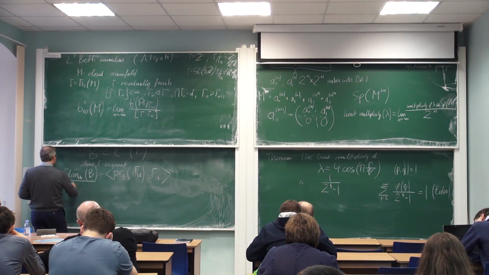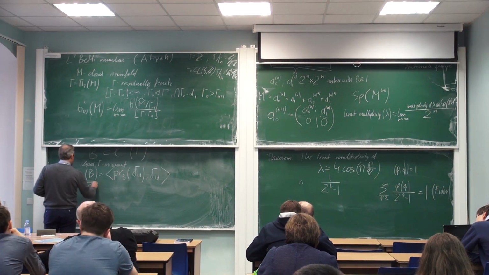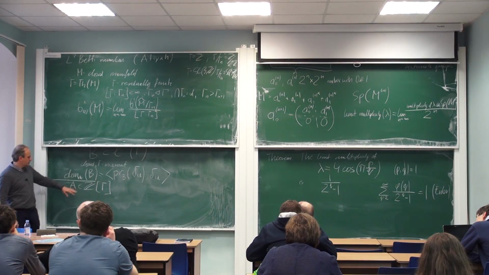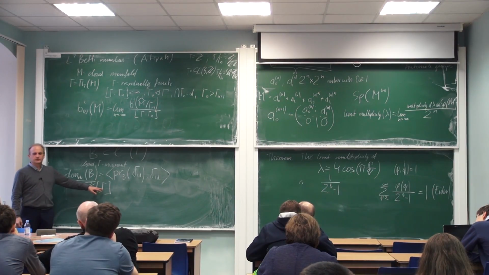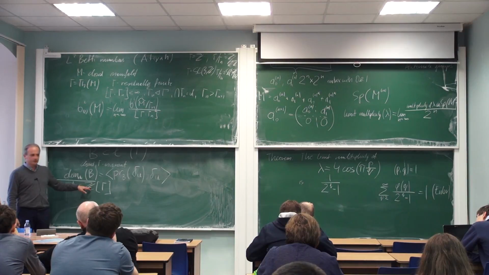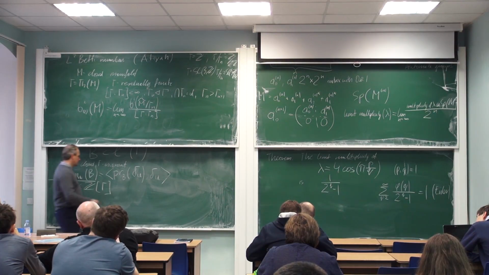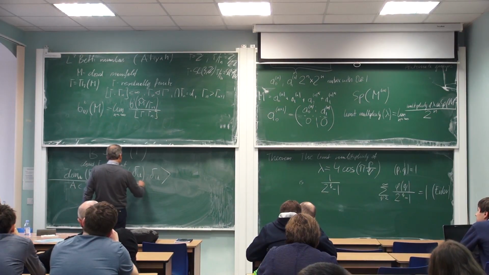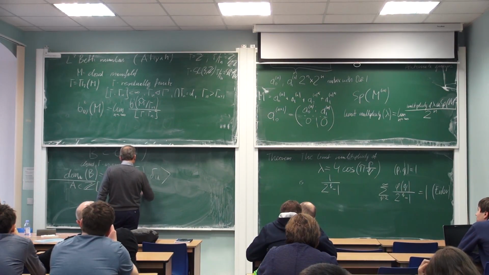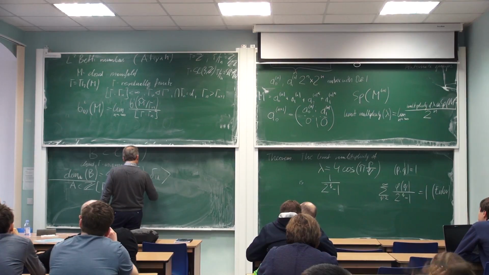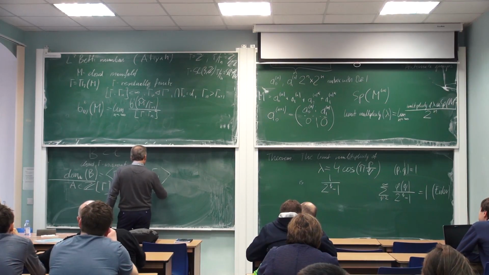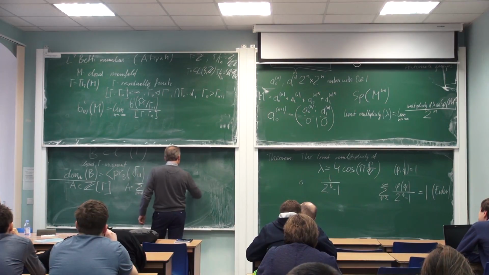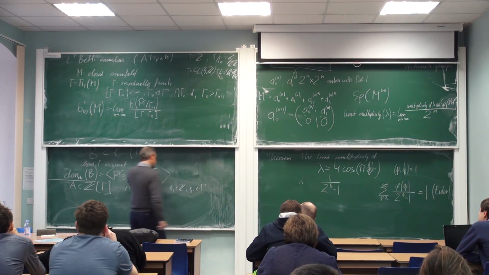So if we consider an element A in the group ring, okay, so formally it's a finite sum of a_i gamma_i, where the a_i are integers and the gamma_i are elements in the group.